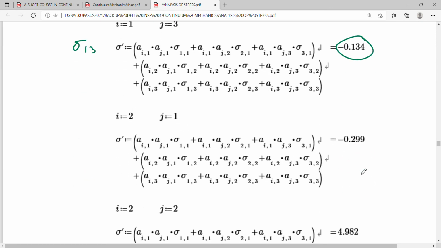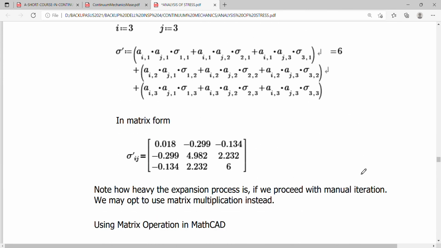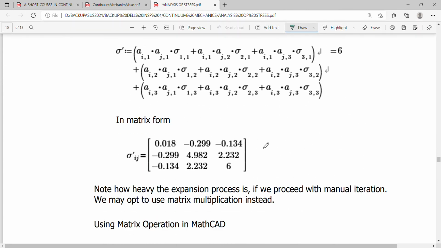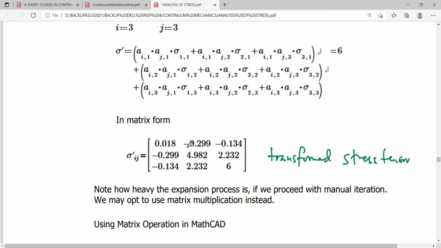Okay, so I'll do it again and again until I finish all and put it in a matrix form. So my final answer, so this is now my transform stress tensor, okay, based on the problem. So these are now my new stresses based on the orientation on the y prime axis.